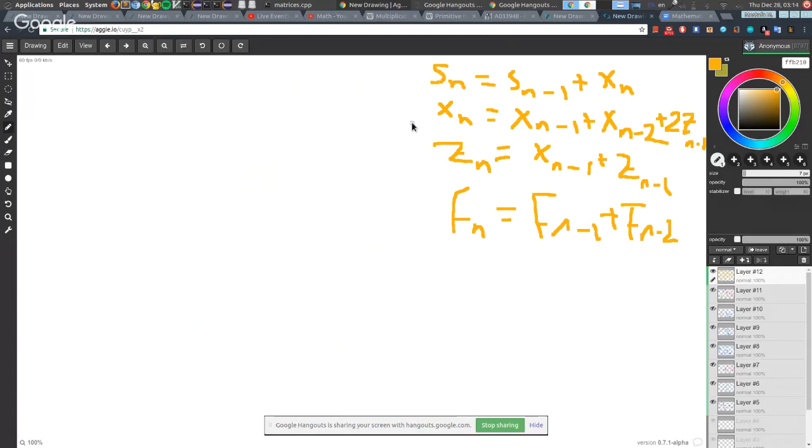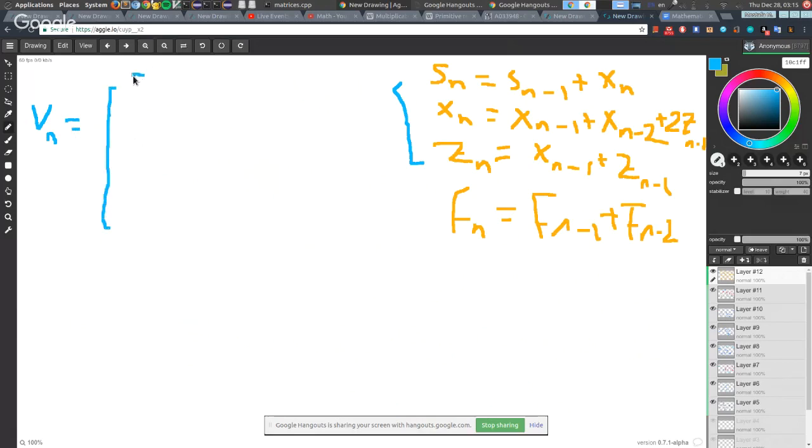So if we look at these formulas, now this is a formulated linear recurrence. We can use this to compute it using some matrix. So we define a vector P(n).